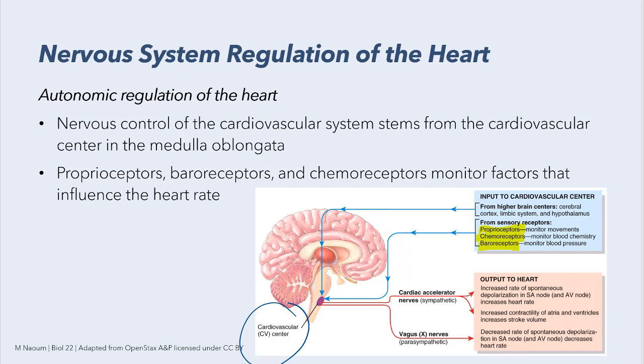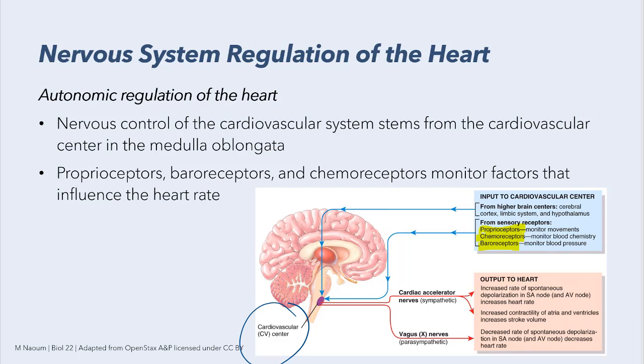These will monitor changes in blood pressure, which as you exercise, more and more blood is flowing through the arteries, causing them to stretch more and causing an increase in blood pressure. All of that activates our cardiovascular center, which then stimulates the sympathetic nervous branch to secrete more epinephrine and norepinephrine as well, in order to stimulate a higher force of contraction and then a higher heart rate, which will eventually impact cardiac output.